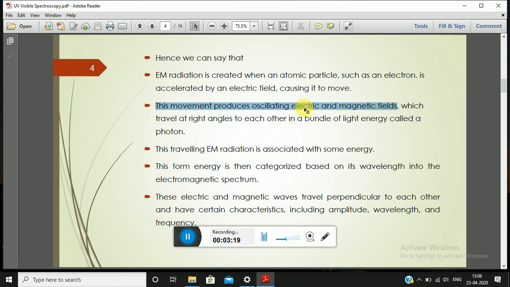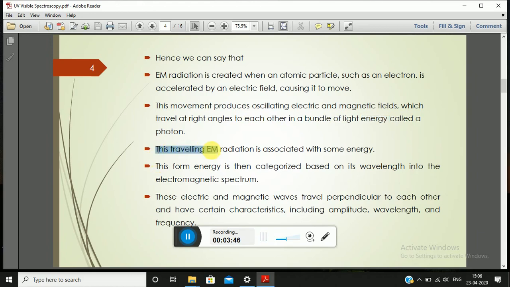As a result, both fields move in a particular direction, traveling at right angles to each other, in the form of a bundle of light energy known as a photon. As we discussed earlier, light is one kind of energy in the form of electromagnetism.